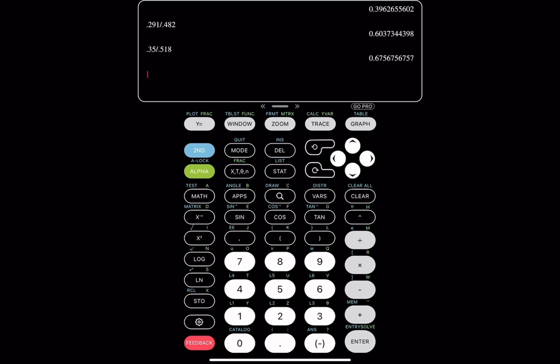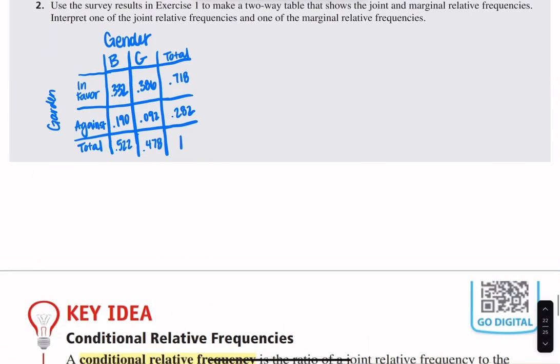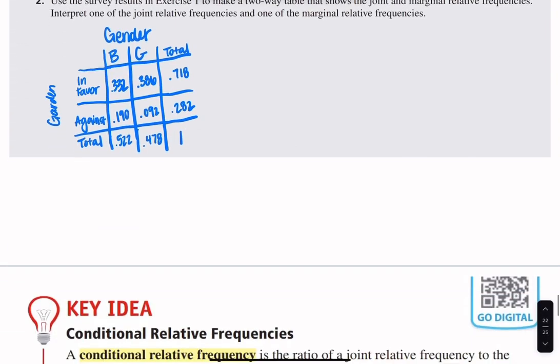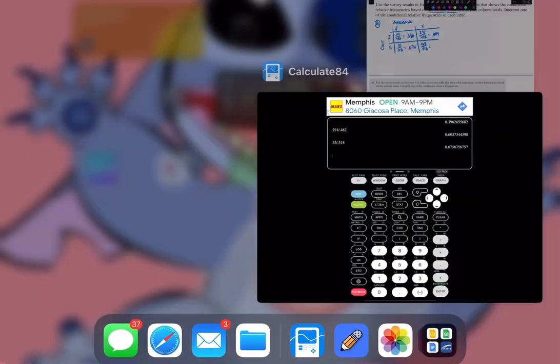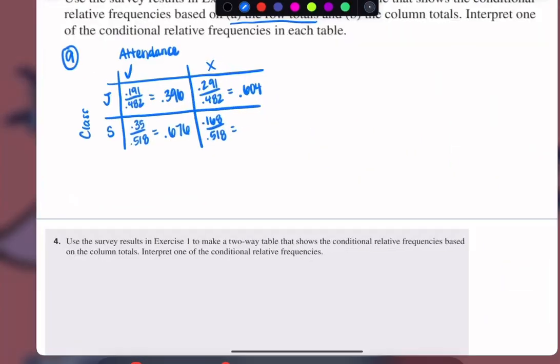So about 0.676. And then finally, seniors not attending, 0.168 divided by 0.518. So about 0.324.